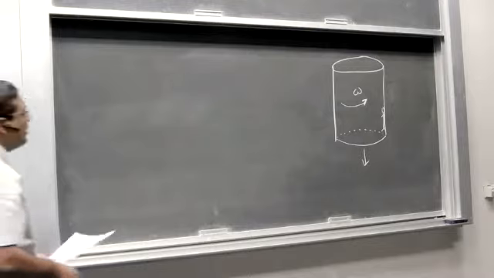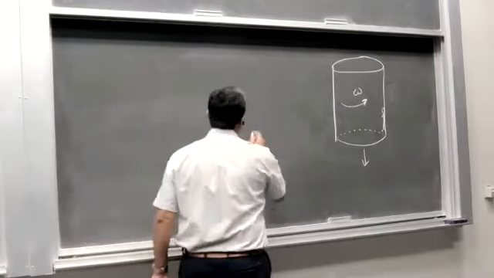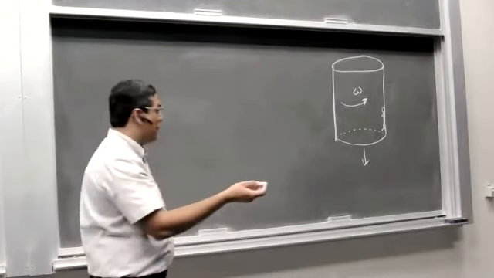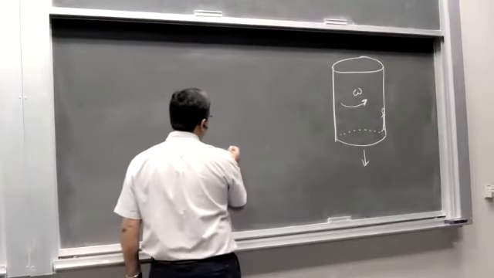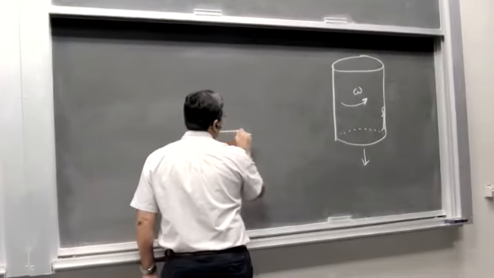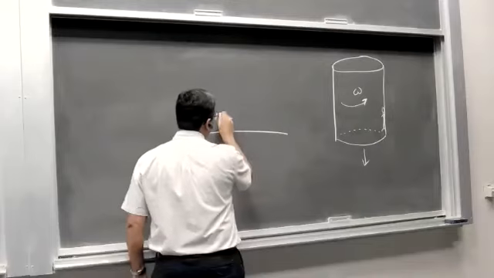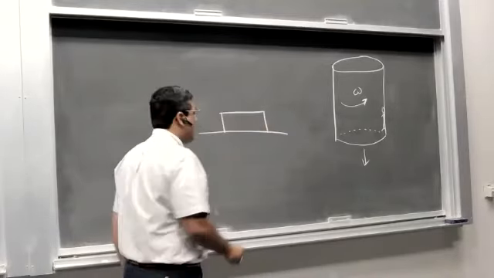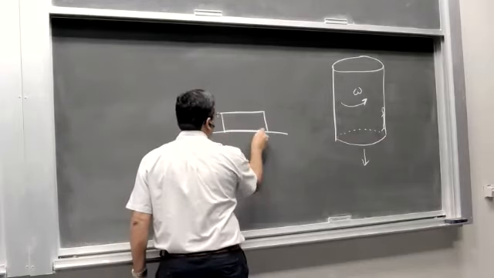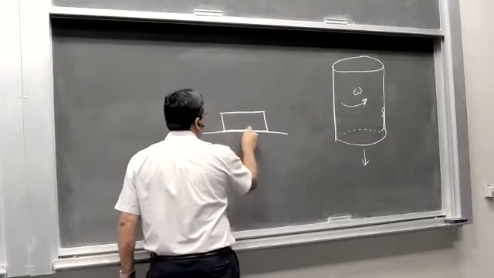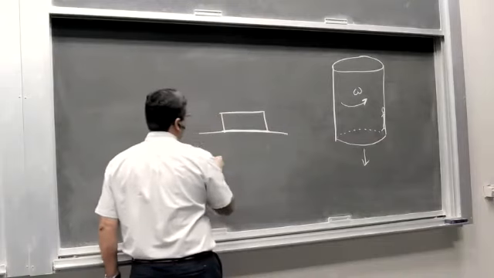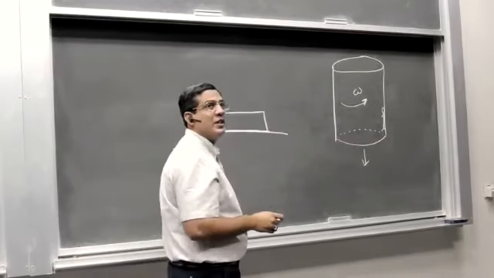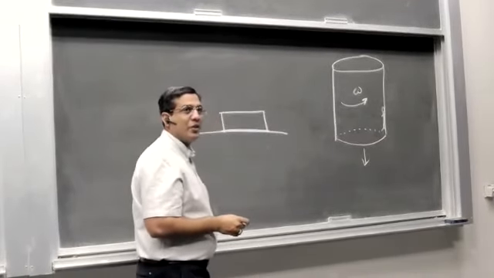So here we have to invoke the force of friction. Let me quickly introduce it, because we haven't formally introduced the force of friction in this course. If you have two surfaces touching each other, there is definitely a force of friction between them. One feature of the force of friction is that it always resists motion.